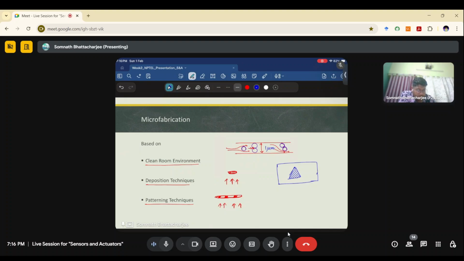Now if you have to etch everything away, will it be easier, or you need to etch these things away and keep it here? So which one will be easier?